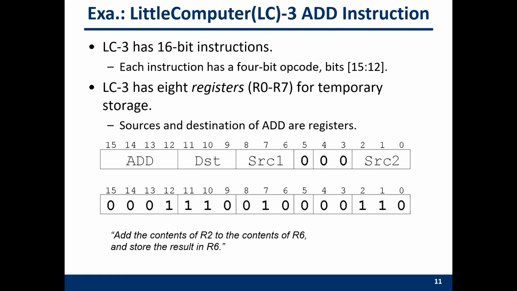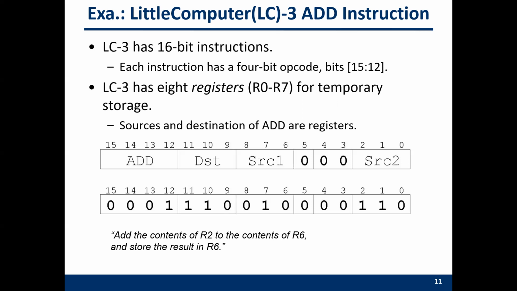The opcode is 4 bits. It has 8 registers. In order to index these 8 registers, how many bits do they need? 3, because this is 8.